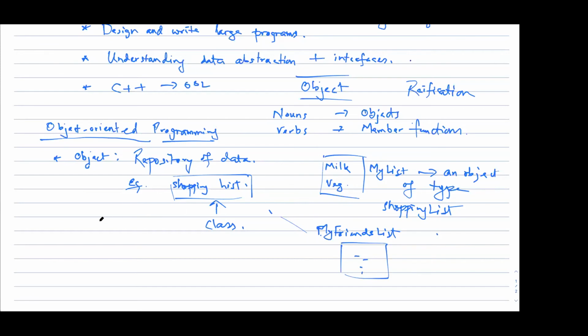In this way, you can see that once you have defined a type, from there you can derive different kinds of objects. And that deriving of different kinds of objects is what is called instantiation. So this creation of my list of the class shopping list is what is referred to as instantiation.